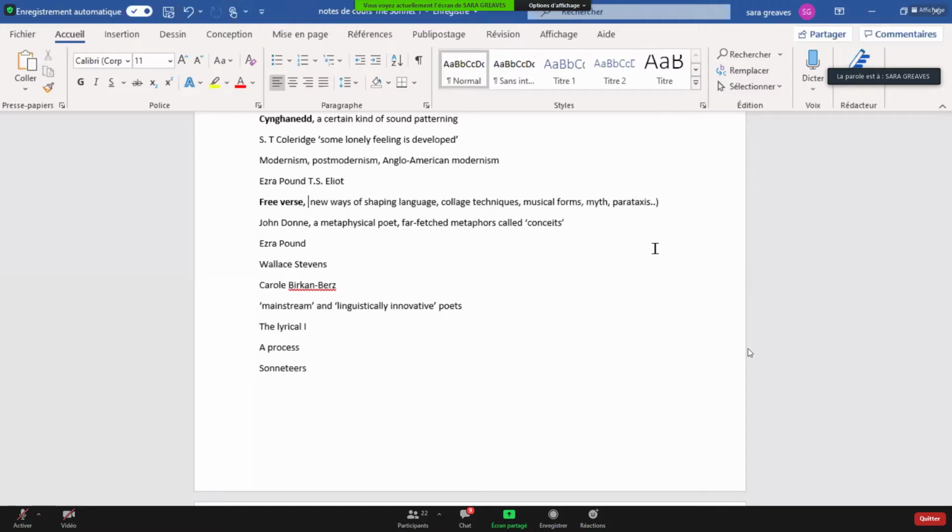Modernism sought to counteract the flow of English poetry, the flow of language, the flow of time, to slow it down or put it on hold. Now, this is also, one might say, a characteristic of the sonnet.